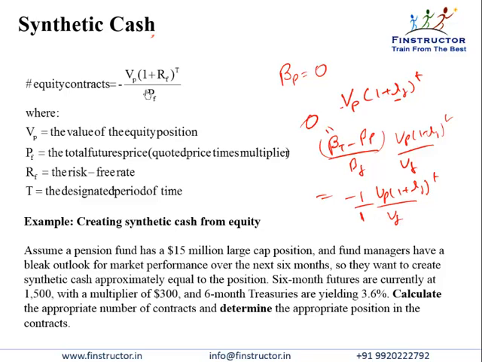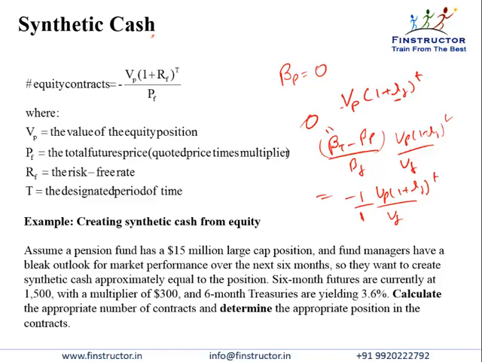So the number of contracts needed would be VP into (1 plus R) to the power T upon PF. Please note there will be a minus sign because 0 minus 1 will be minus 1. That means we need to short so many contracts to create synthetic cash.